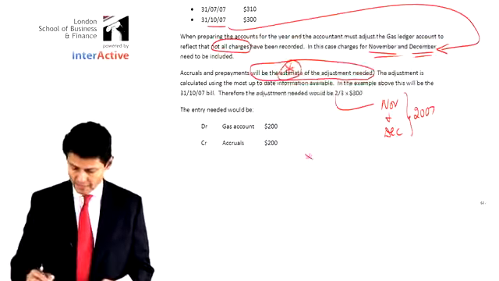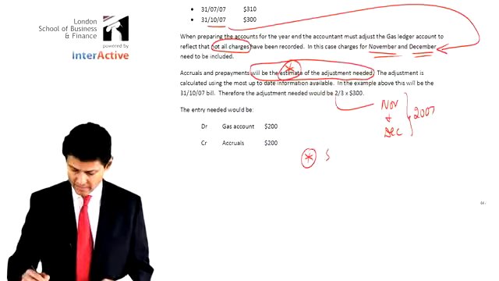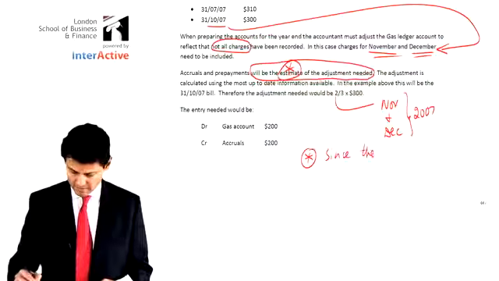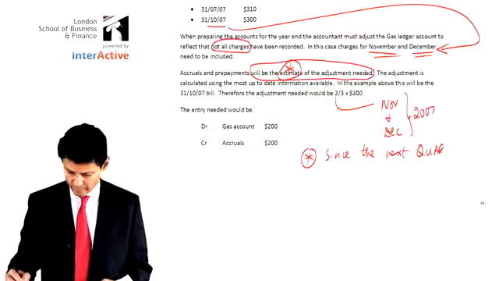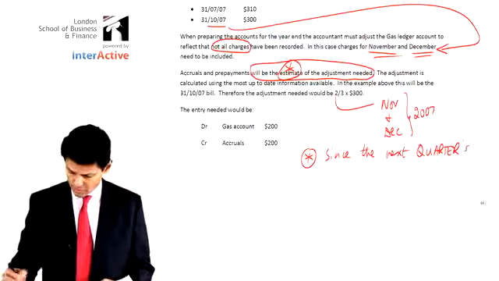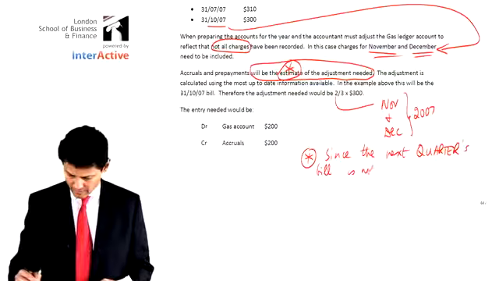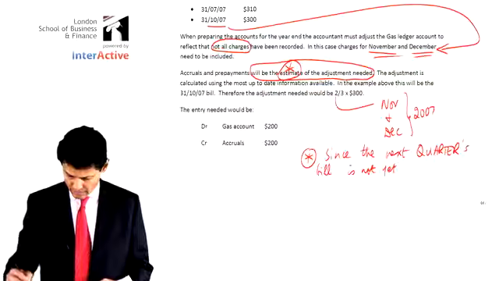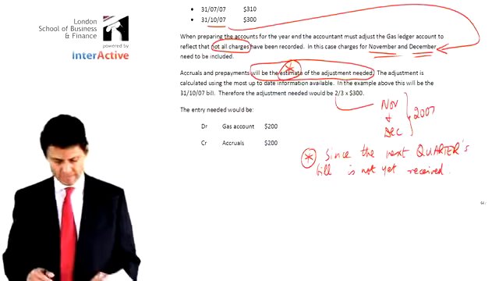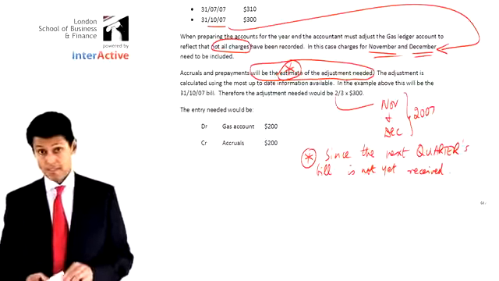And somewhere here, I'm going to bring in that asterisk and say, since the next quarter's bill, the next 3 months, is not yet received. So quite important to understand that.